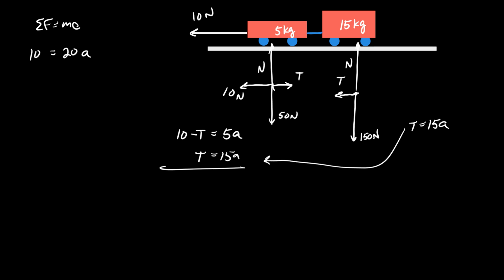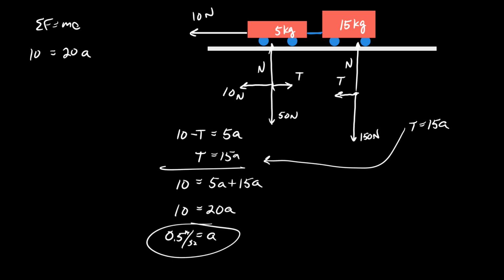The T's will cancel out. I'm going to add 5 and 15 together and get the same thing we had a minute ago, and show that the acceleration is still half a meter per second squared. So pulling on the other side doesn't change how fast the system goes. You're pulling with the same force. That part doesn't matter which car is first or second.